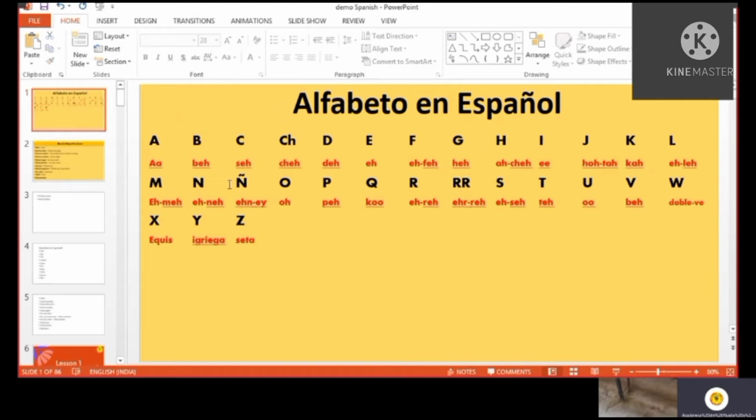I'm going to pronounce the alphabets for you now. A, B, C, Ch, D, E, F, G, H, I, J, K, L, M, N, Ñ, O, P, Q, R, double R, Erre. S, T, U, V, W, X, Y, Z. Zeta.